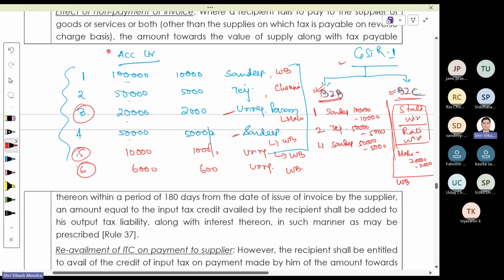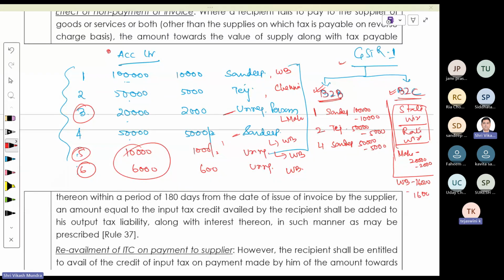West Bengal, consolidated data, 16,000, tax amount 1,600, and so on. Is it clear? In case of B2C, consolidated data are supposed to be reported by ACC Limited state-wise and rate-wise. In case of B2B transactions, each and every invoice is required to be reported as a separate line item. Clear to all?